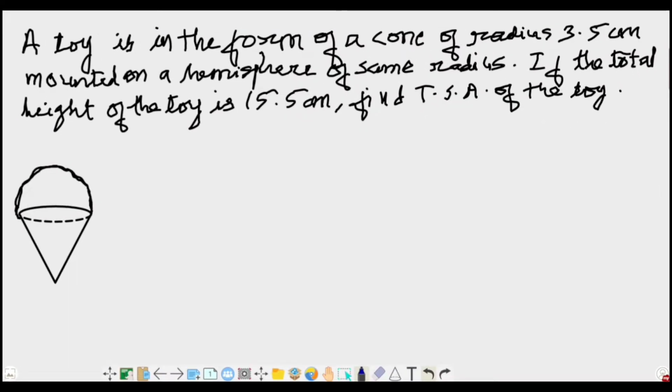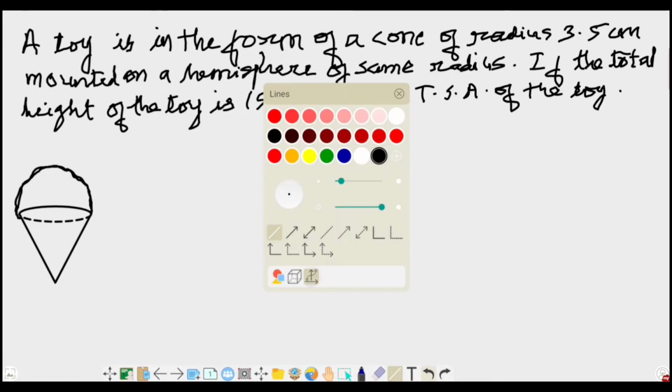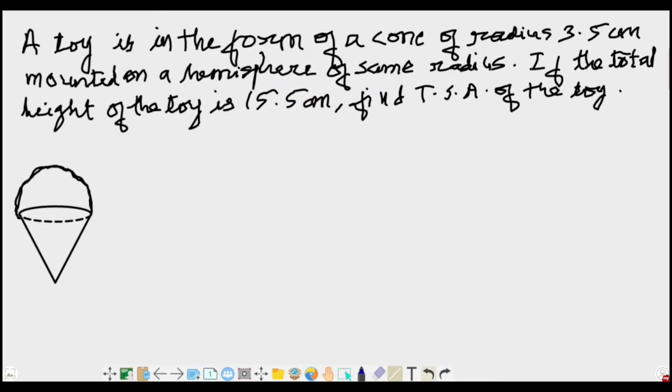Now let's solve one more. A toy is in the form of a cone of radius 3.5 centimeter mounted on a hemisphere of the same radius. The total height of the toy is 15.5 centimeter. What does it mean? The height from this point till this point, the full height, is given as 15.5 centimeter.